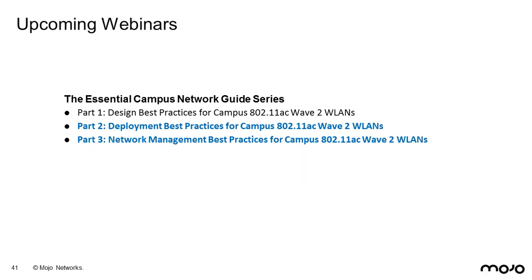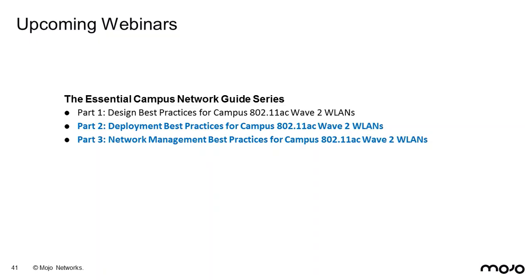All right, now coming up, upcoming webinars. So we did the design best practices today. Next one will be, I think it's in 2 weeks' time, but Eric, correct me if I'm wrong, the deployment best practices. So we have a design, but now what are we going to do?